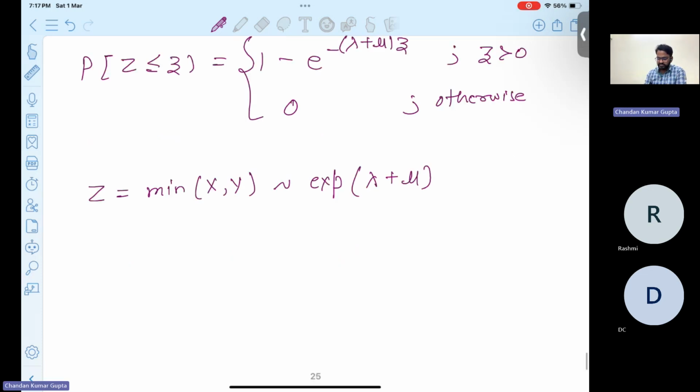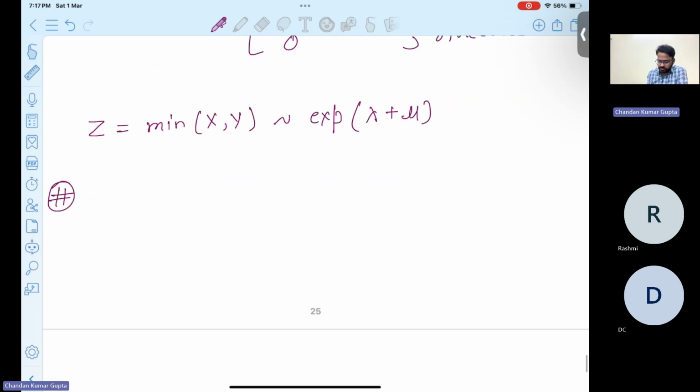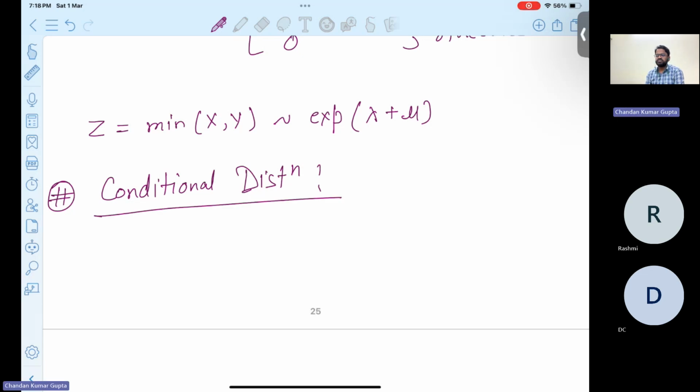There is one more topic, that is conditional distribution.